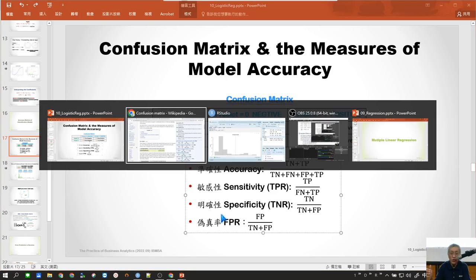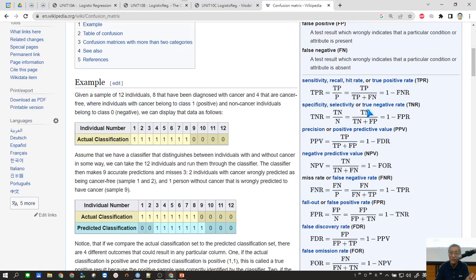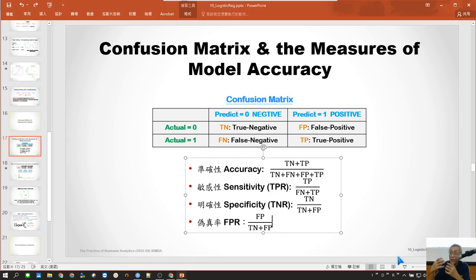The reason we have so many different types of accuracy measurement is that the probability model is used in so many different disciplines, and in every discipline, according to their purpose, their focus is different. Sometimes you look for accuracy, sometimes sensitivity, sometimes specificity, and they are not compatible.